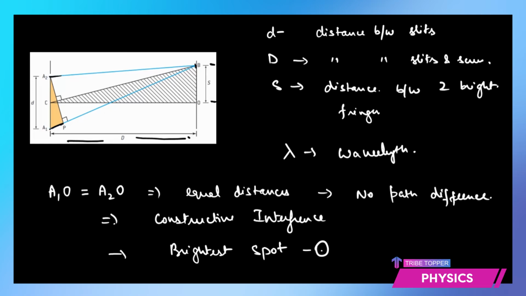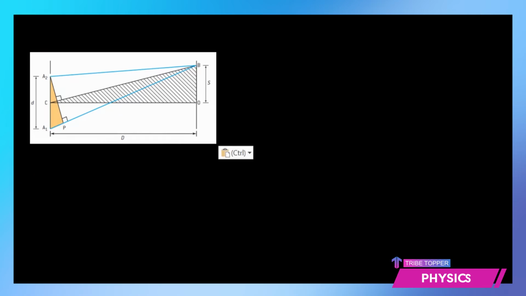This distance A1P is the extra distance traveled by the wave from slit A as compared to the wave from slit B. So there is a path difference between them. And how much is that path difference? A1P denotes the path difference. And for the first bright spot, the path difference is considered to be equivalent to the wavelength of the wave, lambda.